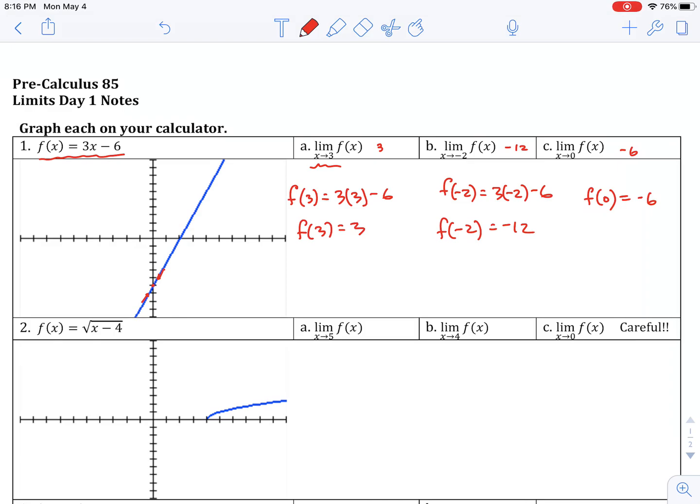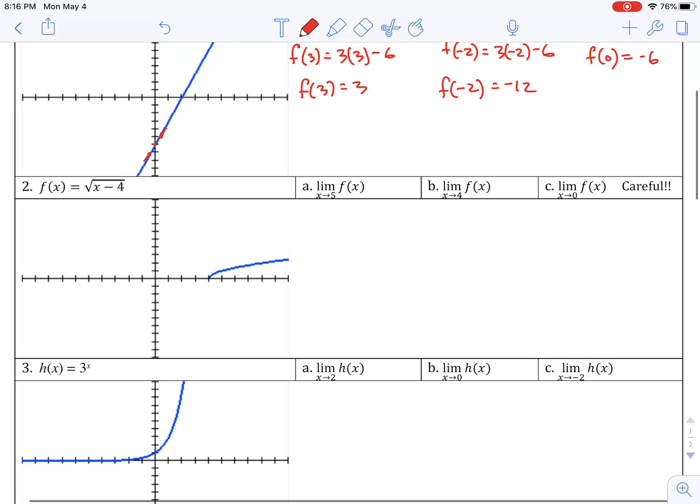All right, so on to example number 2. If I look at the limit as x approaches 5, it looks like it's approaching a y value of 1, so I would say the limit is 1. If I plug that in, 5 minus 4 is 1, square root of 1 is 1.